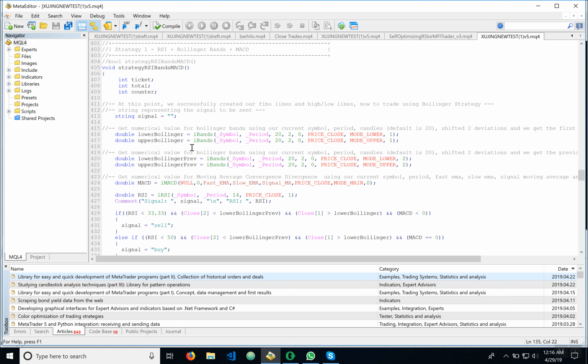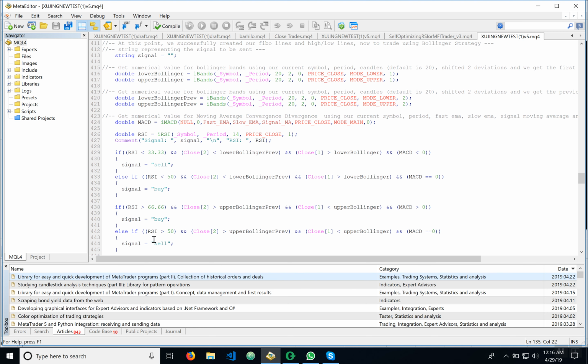As we can see, we've called the iBands, iMACD, and iRSI functions that are built into MetaQuotes Language 4, MetaTrader 4, and we have basically hard-coded our positions here.